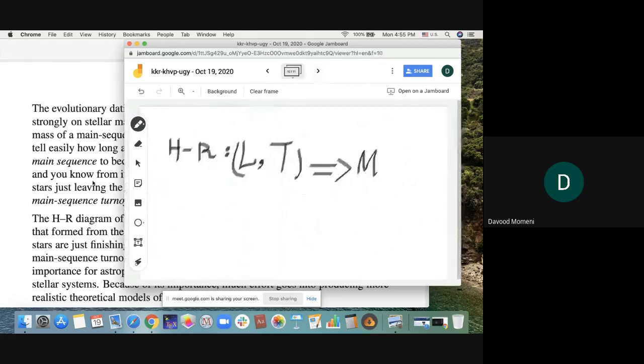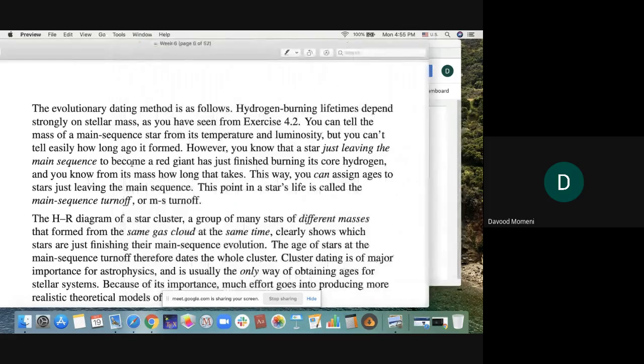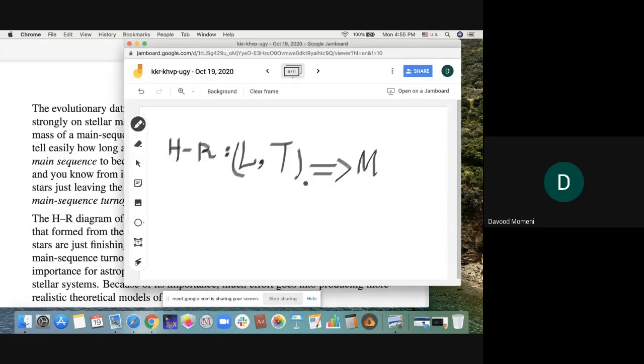But from that, you cannot say actually how long ago it formed. I mean, the age of the star, you cannot estimate easily from Hertzsprung-Russell. To know the age, you have to know what the initial mass was, and how many processes happened here, which the star finally dropped through to reach the mass M with this specific luminosity and temperature.